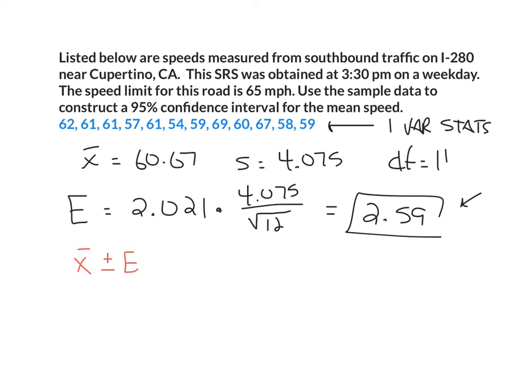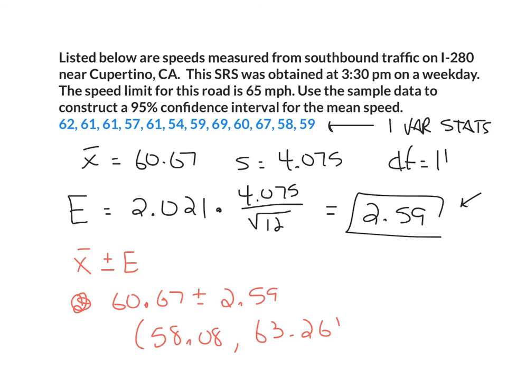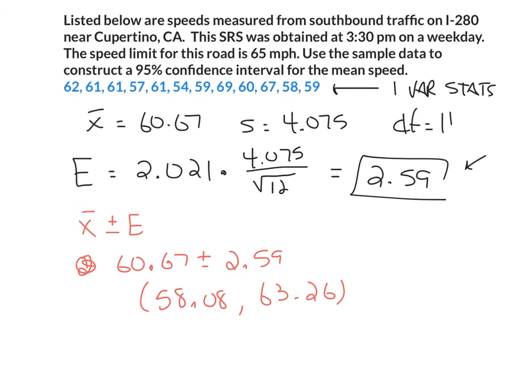My x bar here is 60.67, plus or minus my margin of error, which is 2.59. On my calculator, if I punch in 60.67 minus 2.59, I get 58.08. And if I do 60.67 plus 2.59, I get 63.26.